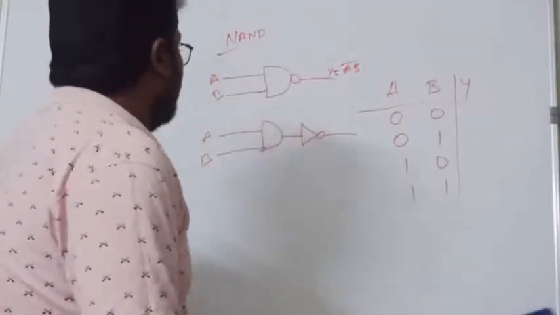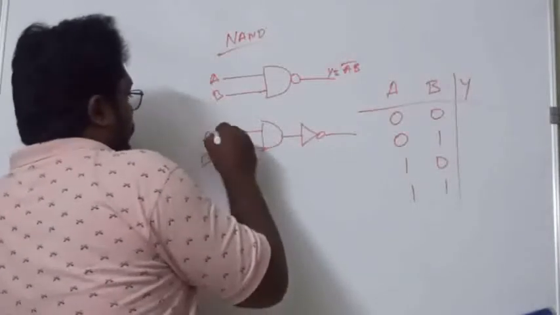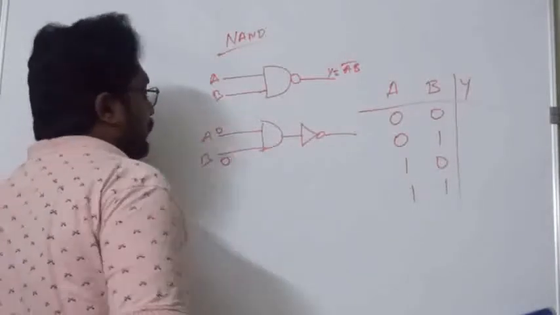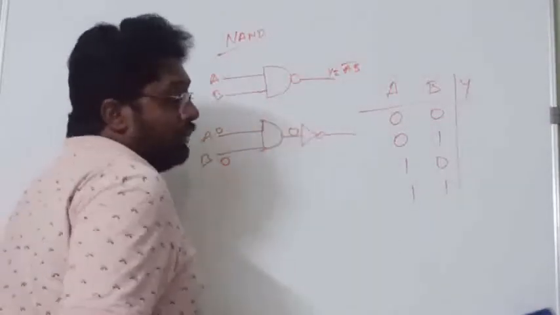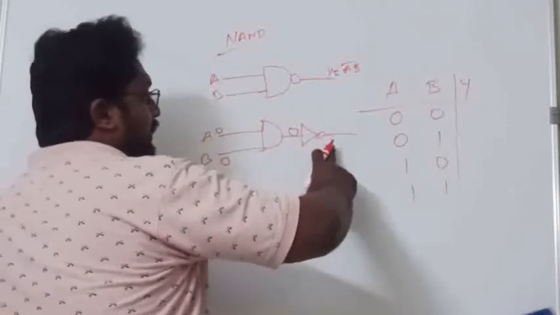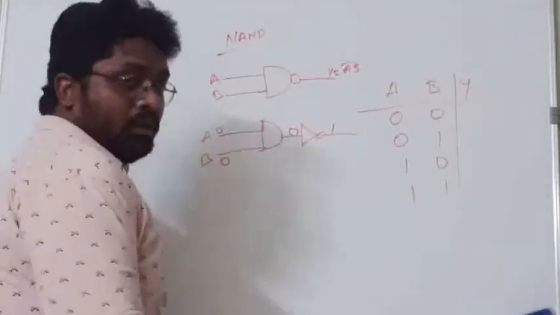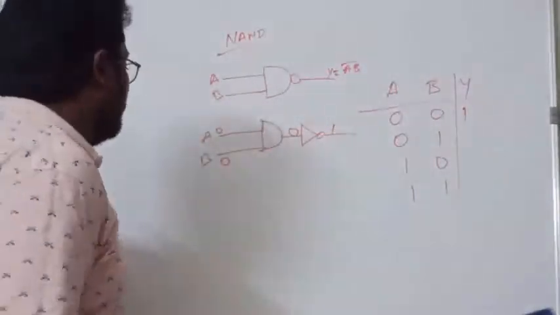If A is 0 and B is 0, the AND gate output is 0, and for the NOT gate, if the input is 0, then the output will be 1. So Y = 1.